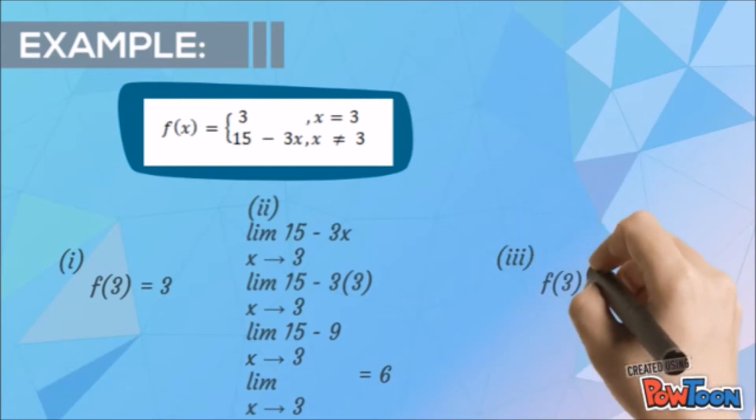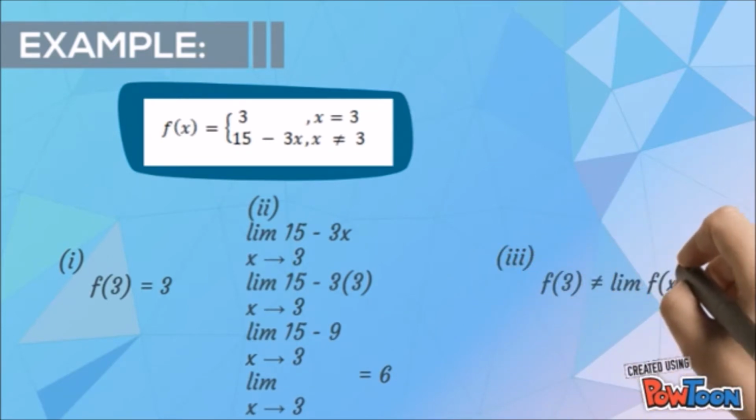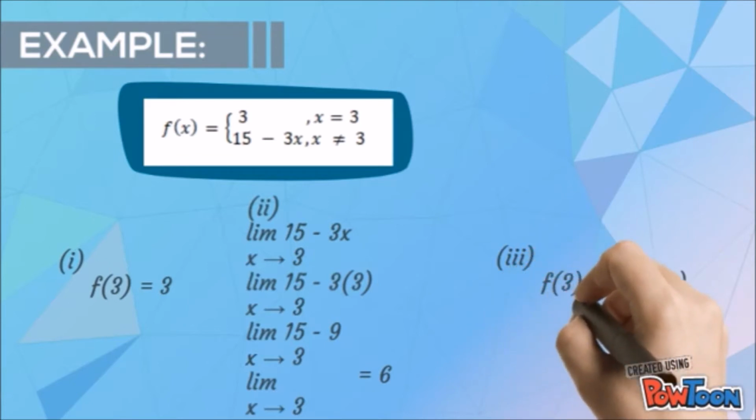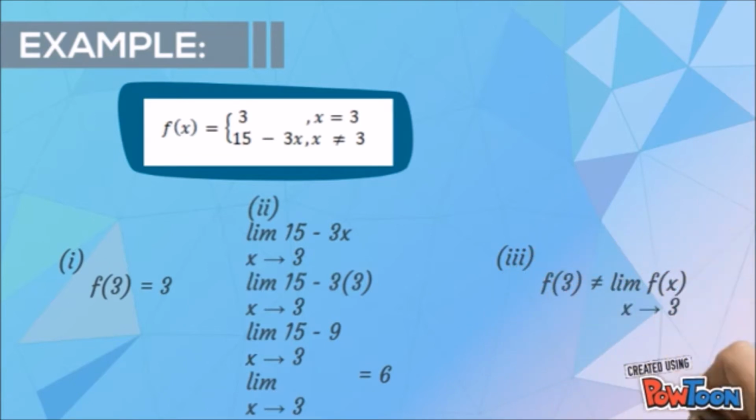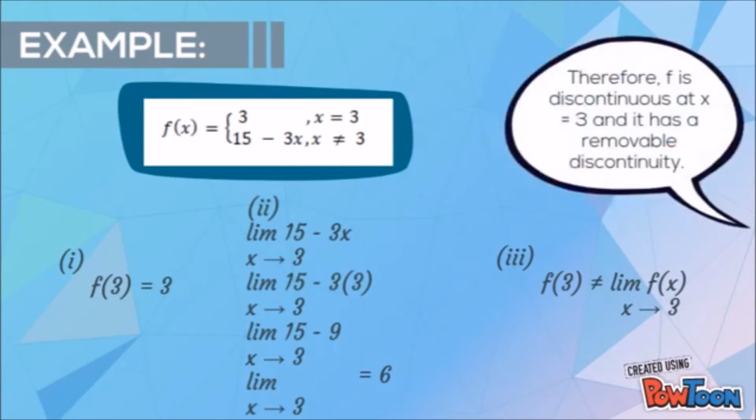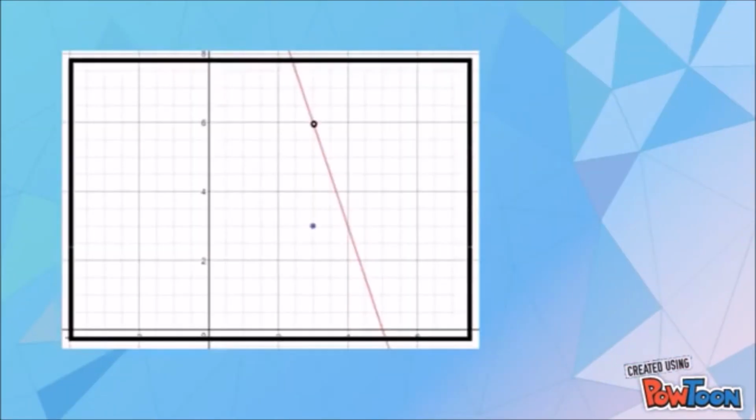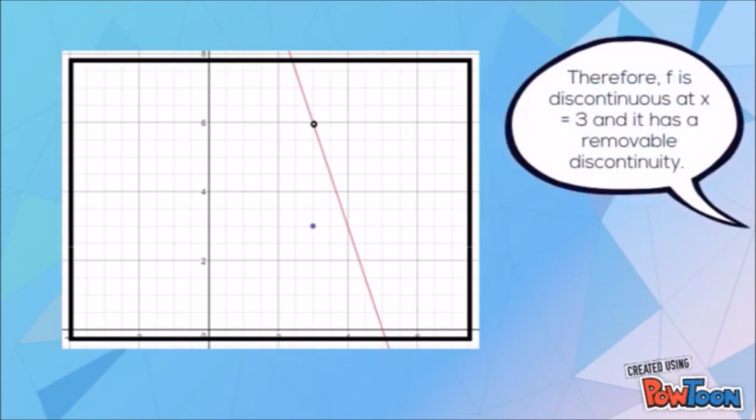As we can see, both f of c and the limit of f of x as x approaches c exist. However, they are unequal. The graph looks like this, and we can see that there is a hole at x equals 3.